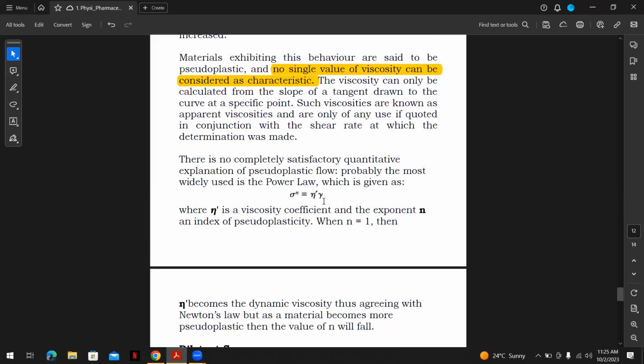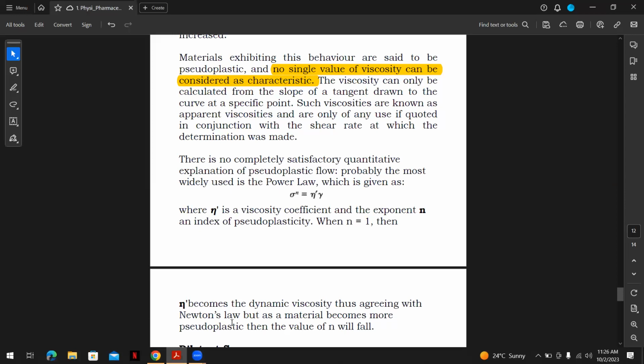So this is the equation that is used for pseudoplastic flow. It's called the power law, where eta is the viscosity coefficient, as always, and the exponent n is the index of pseudoplasticity, such that when n is 1, then viscosity becomes dynamic because it will agree with Newton's law.